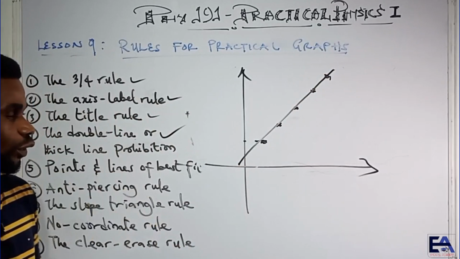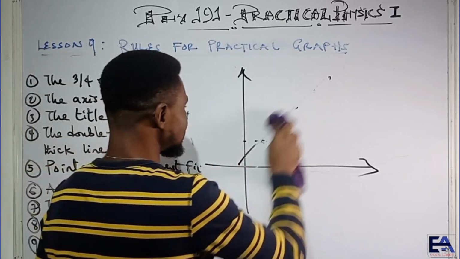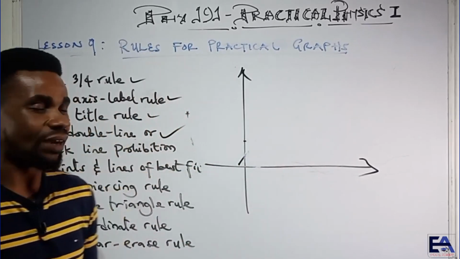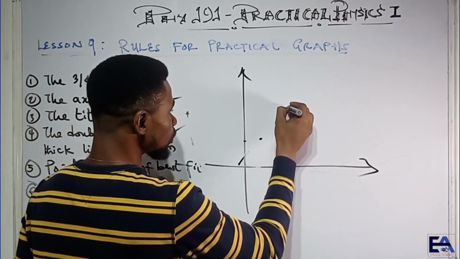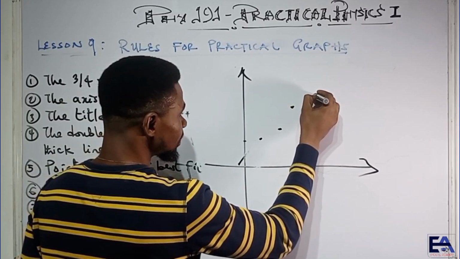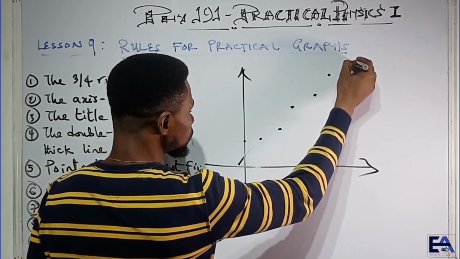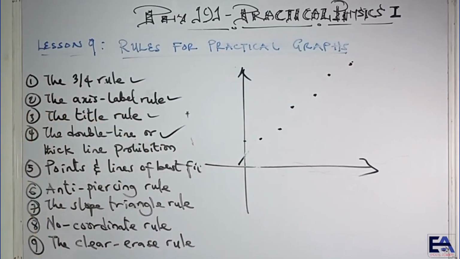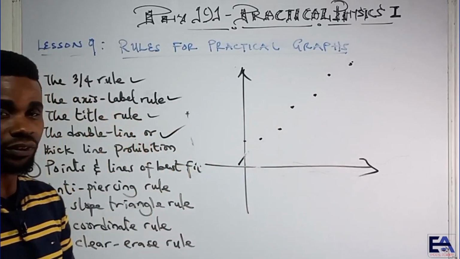Most likely, in your physics experiments, you are going to have graphs whose points are scattered, but not too scattered. They can be scattered, but they will be very closely related. This is allowed. This happens very well.